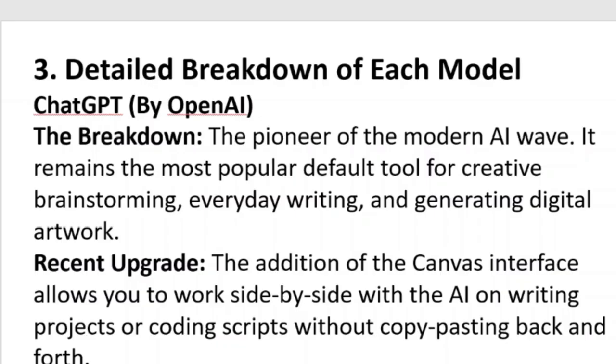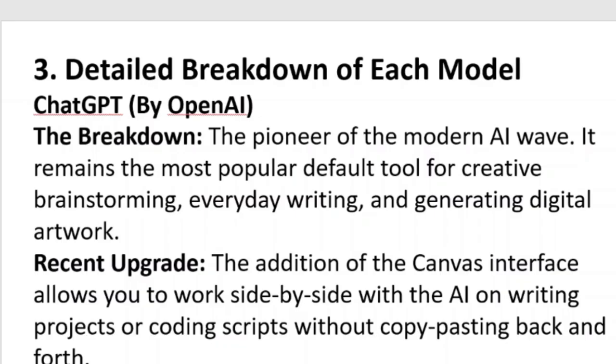Let's look first at ChatGPT. It is launched by OpenAI. The breakdown of ChatGPT: the pioneer of the modern AI web. It is the pioneer, the frontier of modern activities, we can say. It remains the most popular default tool for creative brainstorming, everyday writing, and generating digital artwork.